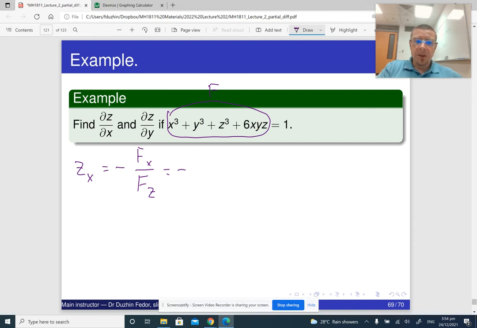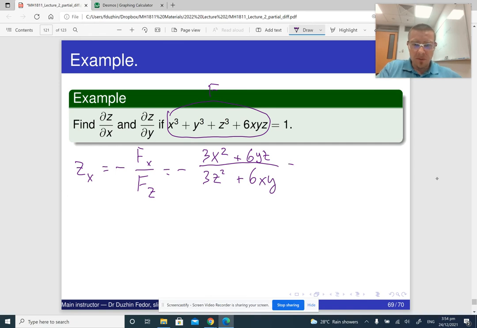Its derivative with respect to x is what? 3x squared, y cubed, z cubed gives 0, so plus 6yz, divided by the derivative of f with respect to z, so 3z squared plus 6xy.